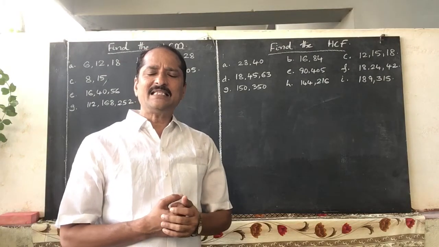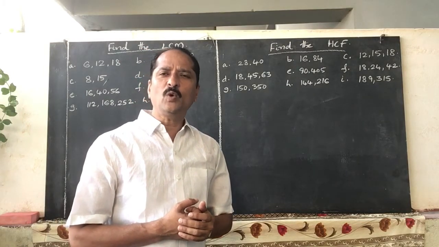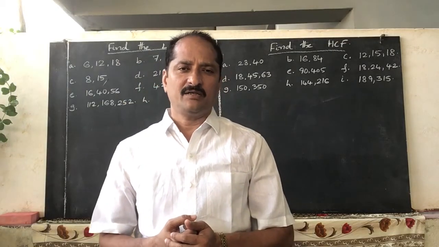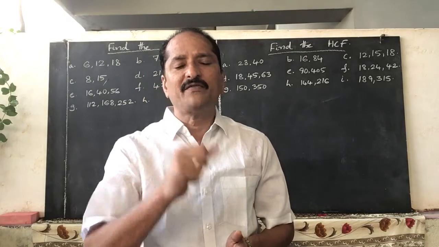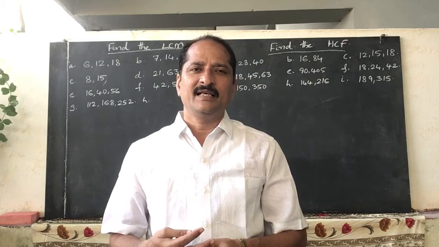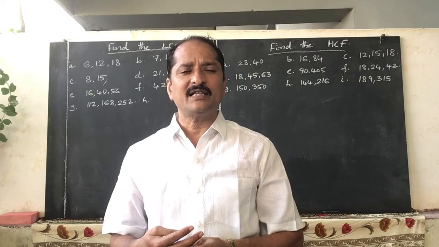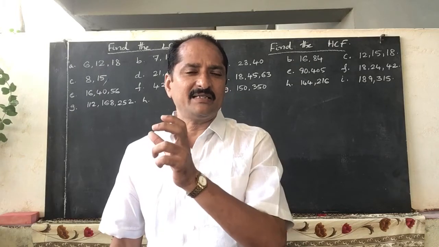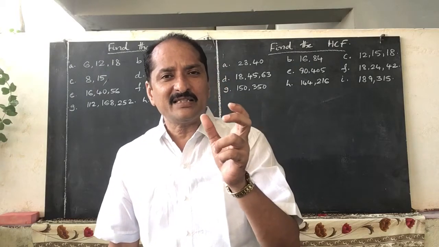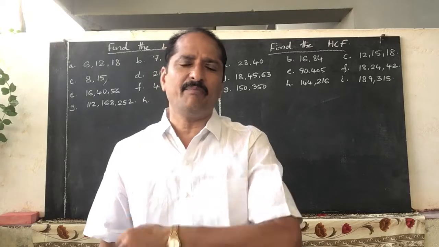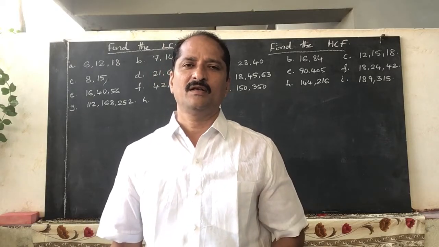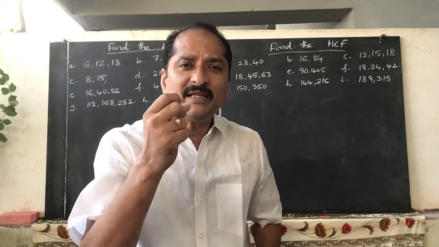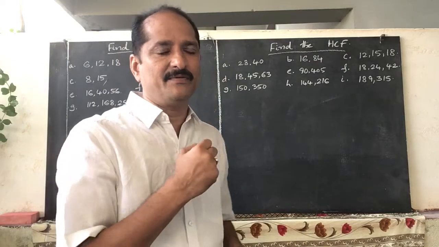For finding the LCM of any two or more numbers, we should observe the properties of LCM. As yesterday we saw how to find out the LCM in prime factorization method. In prime factorization method, after writing the prime factors of each and every number, you can see what will be the LCM and what will be the HCF.